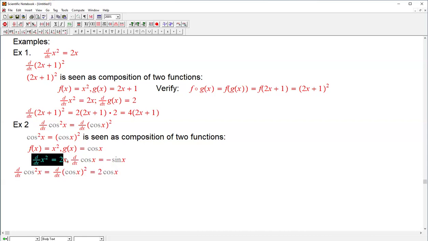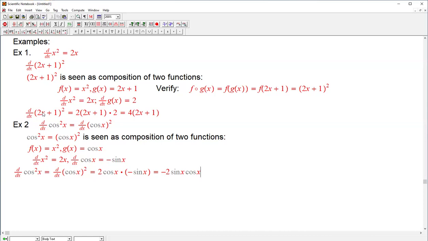We apply this rule to cosine squared x, and then multiply by the derivative of cosine x, which is negative sine x. In the end, we get negative 2 sine x times cosine x. You can write cosine x times sine x as well.